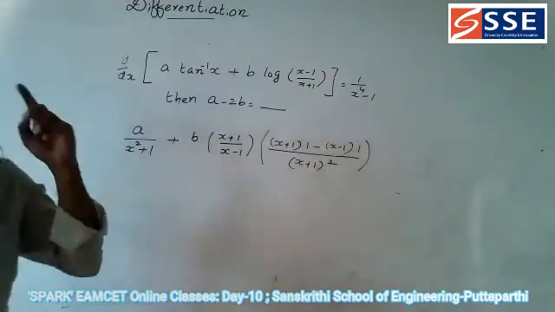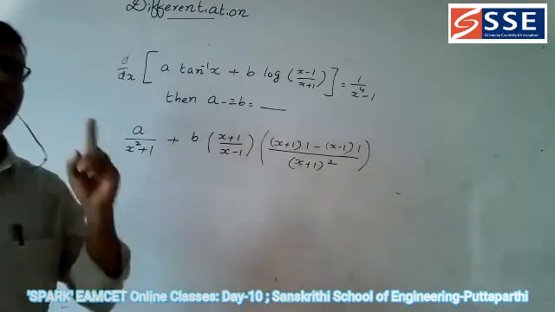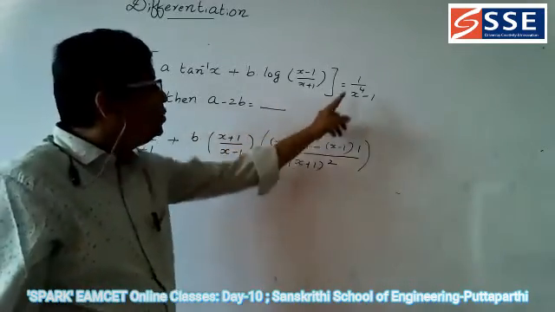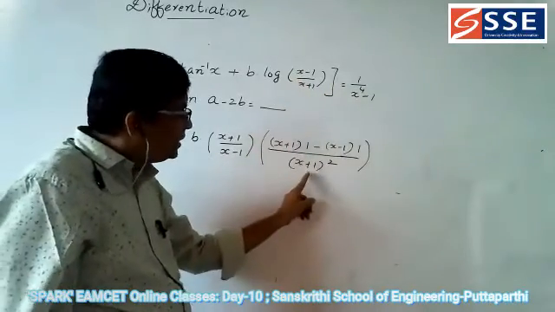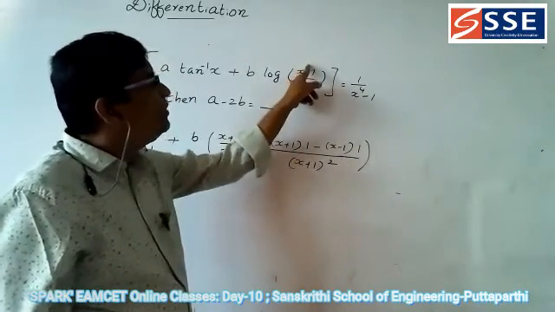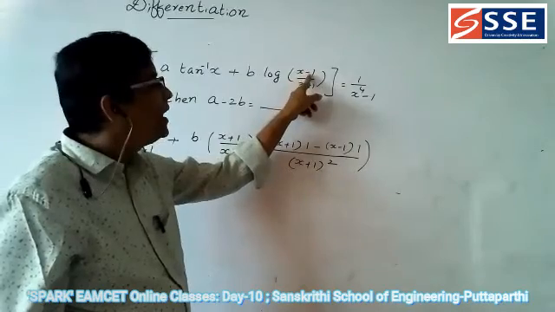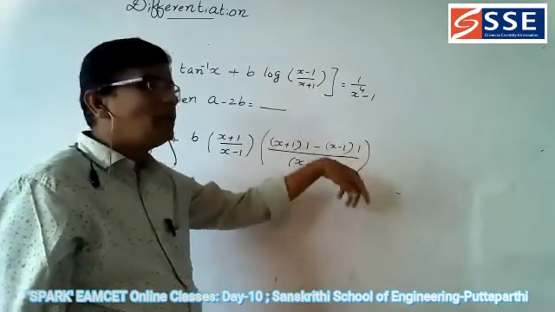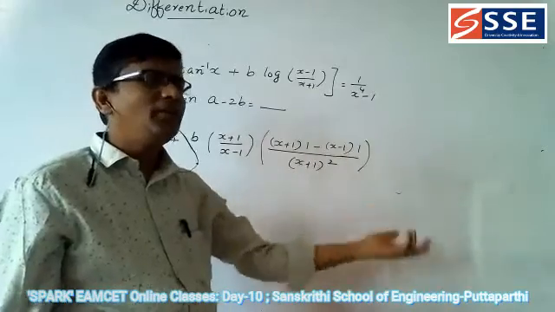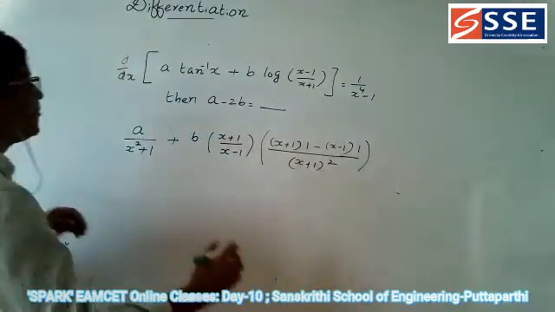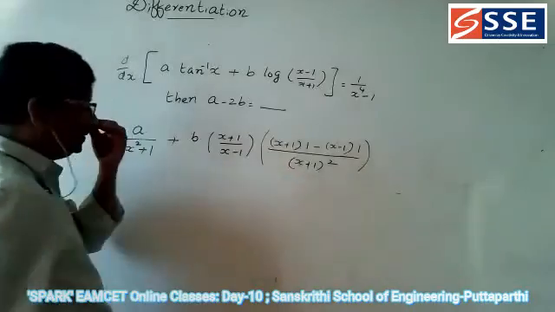Remember that u by v and uv methods are very important while doing the problem. So it is nothing but u by v method with the same denominator whole square: denominator into differentiation of numerator minus the numerator into differentiation of denominator. I am writing directly. Why? Because every time if I go on writing dy dx it is a waste of time. Okay. So this is about this one.